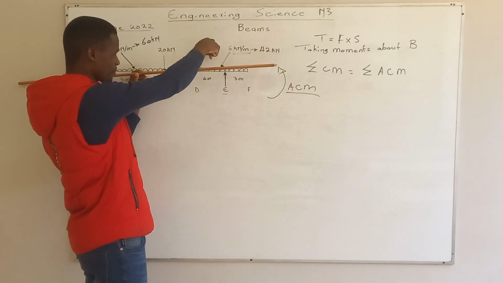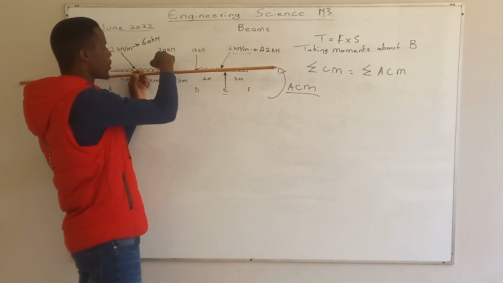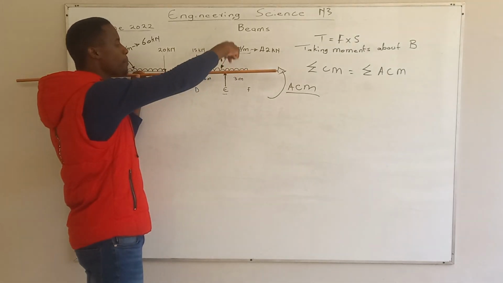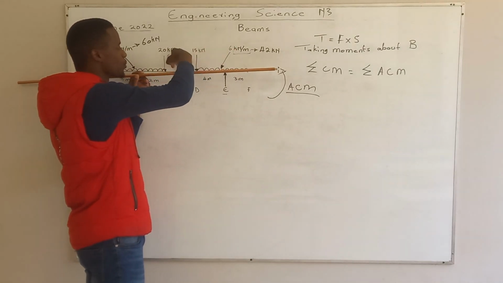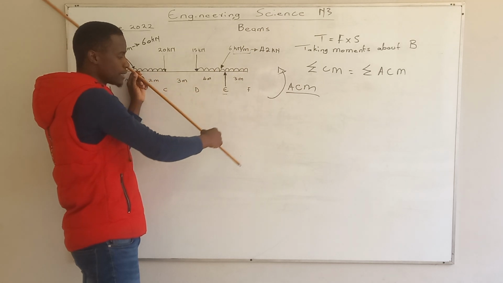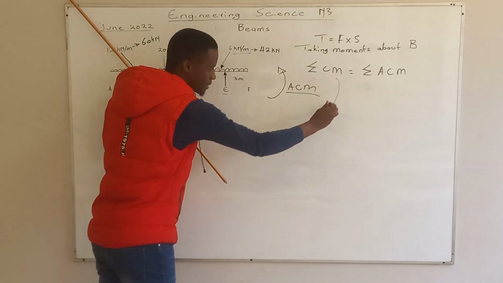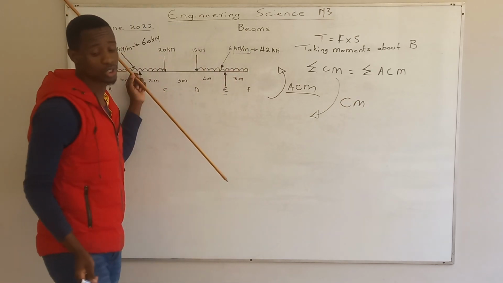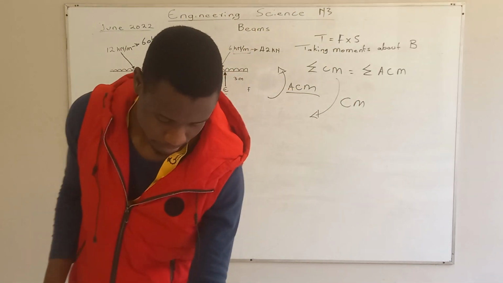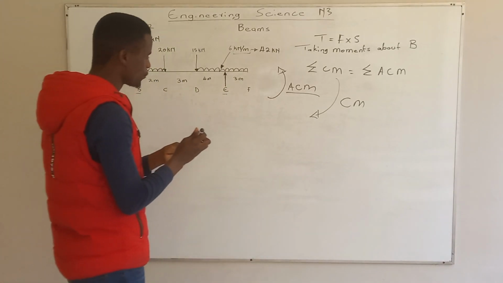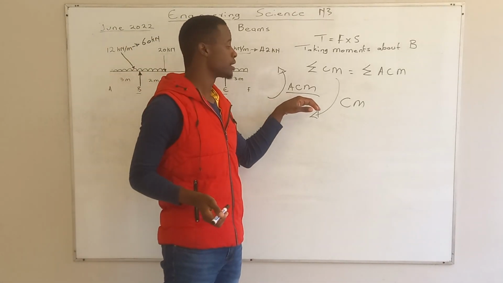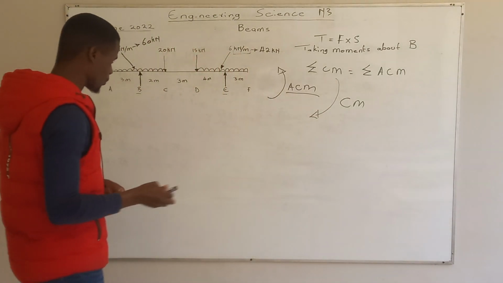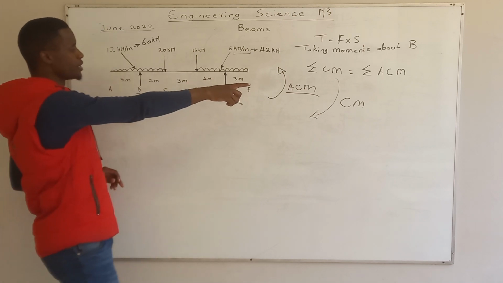And then from there, if you look at these top forces here, 1, 2, 3, let me not talk about this one, I'll explain it. 1, 2, 3, if I'm pushing this beam downward, because they are going downward, then it means the movement will be like this. So if the movement is like this, it's going in the clockwise direction. So now we know which forces are going in our anti-clockwise and the ones that are going in the clockwise direction. Now, to start, we're going to be calculating those ones.